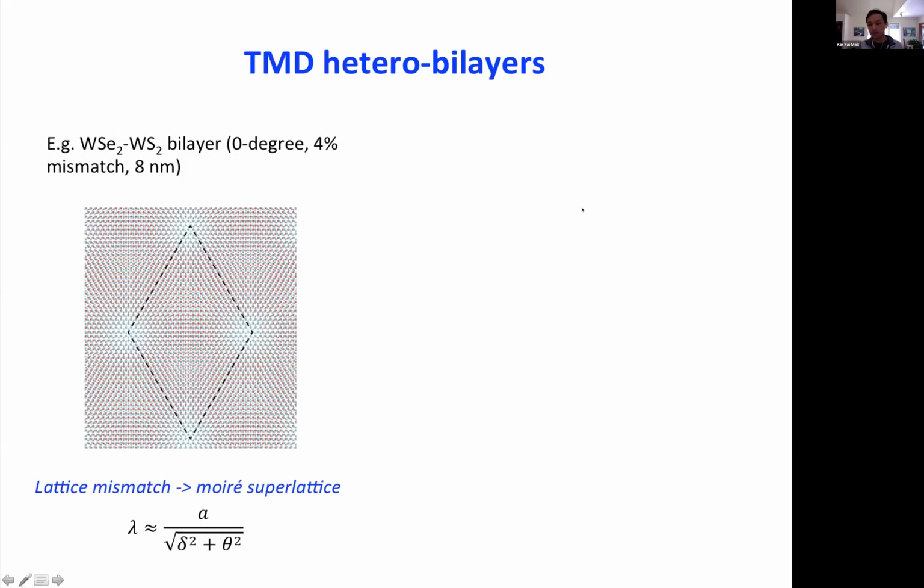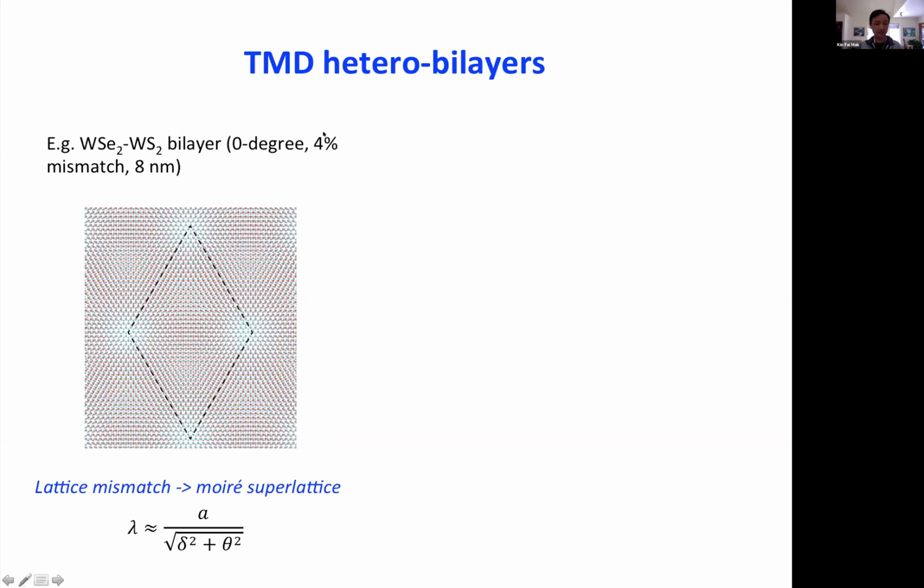Well, the system that we'll be talking about, I'll give a very brief introduction because Alan and G yesterday already talked about it. This system may have some similarity to a high TC system. The system is a heterobilayer of a TMD, tungsten selenide on tungsten sulfide, 0 degree or 60 degree aligned.